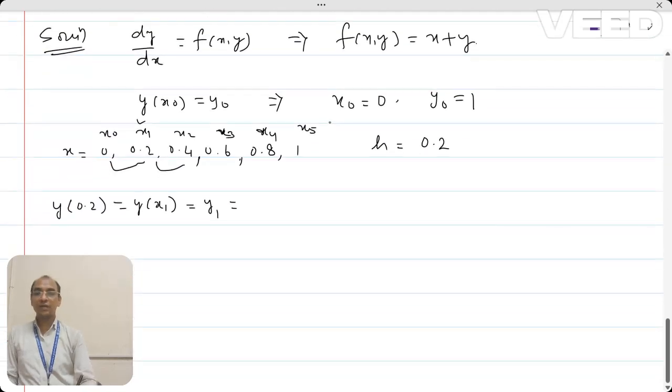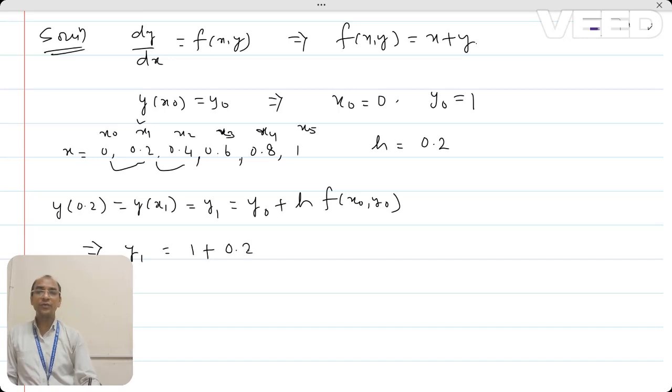Okay, so y1, what is the formula of y1 here? y1 is y0 plus h f of x0, y0. So y1 will be y0, which is 1, plus h, which is 0.2, into f of x0, y0, meaning x0 plus y0, because f of x, y is nothing but x plus y.